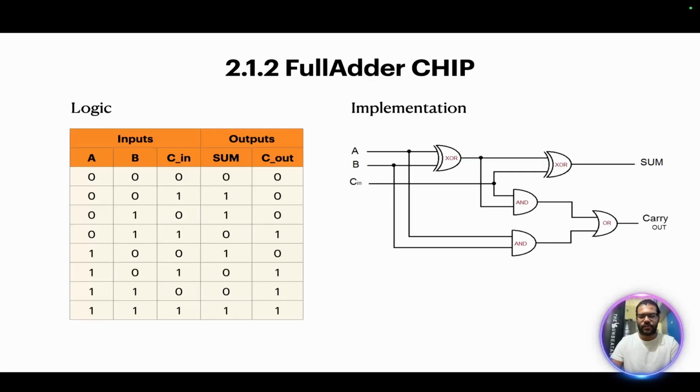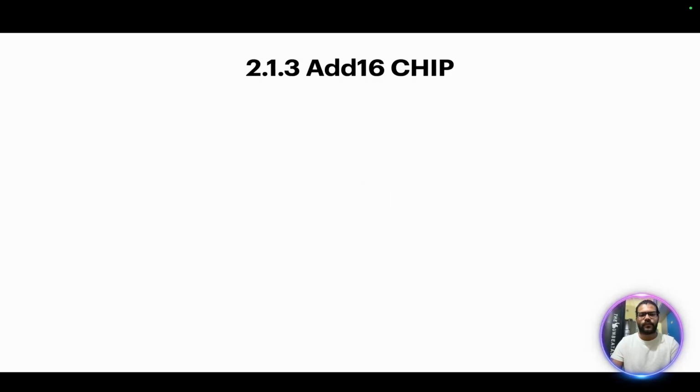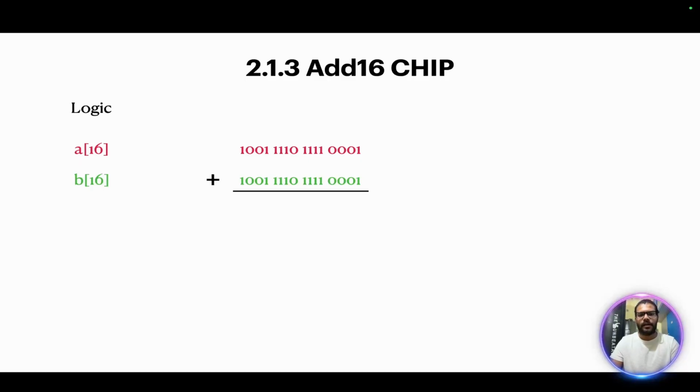Moving ahead with the next step, which is the add 16. What is add 16? Let's look at the logic. I'll take a number A, which is 16 bits, and let me consider a 16-bit example here. I'll take another 16-bit number, call it B. Our job is to create a chip that adds these numbers and returns the total value.